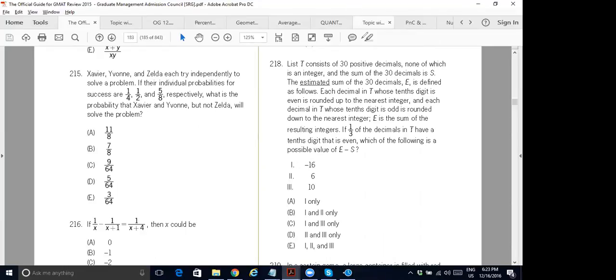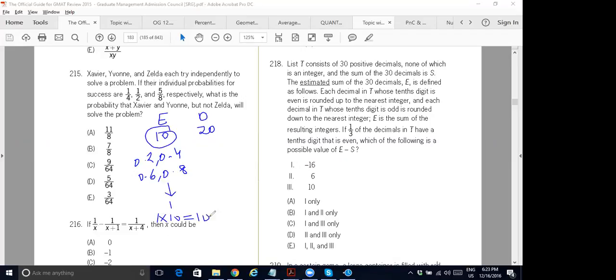That means out of 30, 10 are even and 20 are odd. Now, every even is rounded up. Whether it is 0.2 or 0.4 or 0.6 or 0.8, we will round up to 1. And there are 10 such numbers.